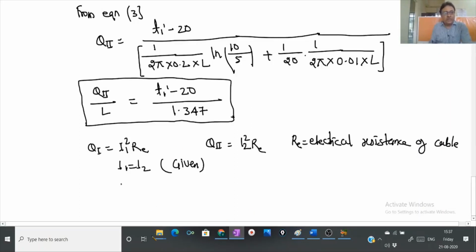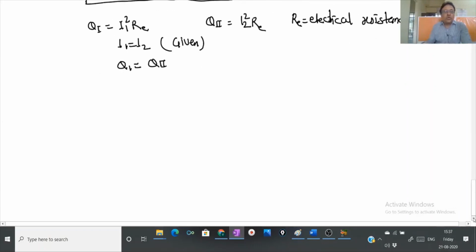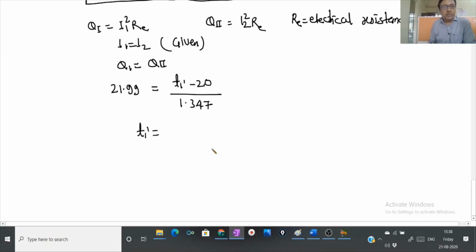Under such a condition, Q1 will be equal to Q2. So using this analogy, where Q1 is 21.99 and Q2 is T1 dash minus 20 over 1.347, T1 dash comes out 49.63.